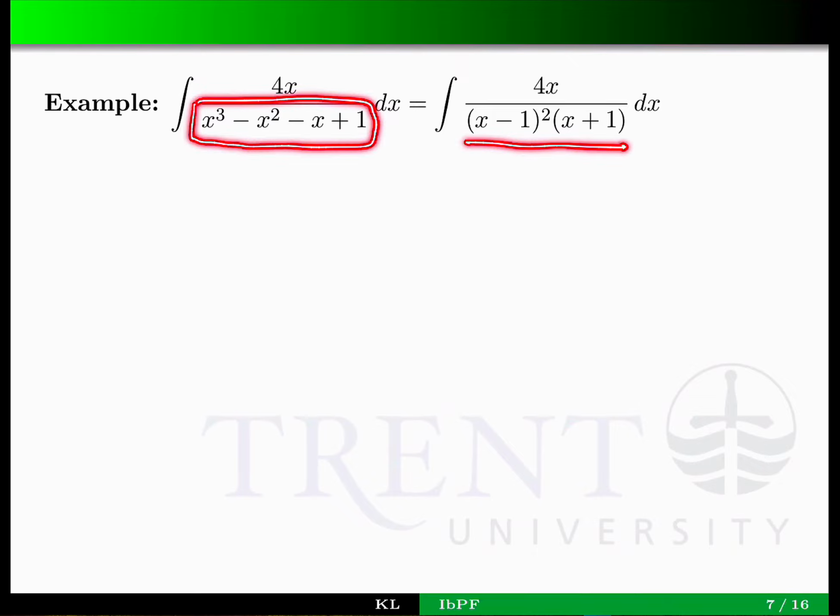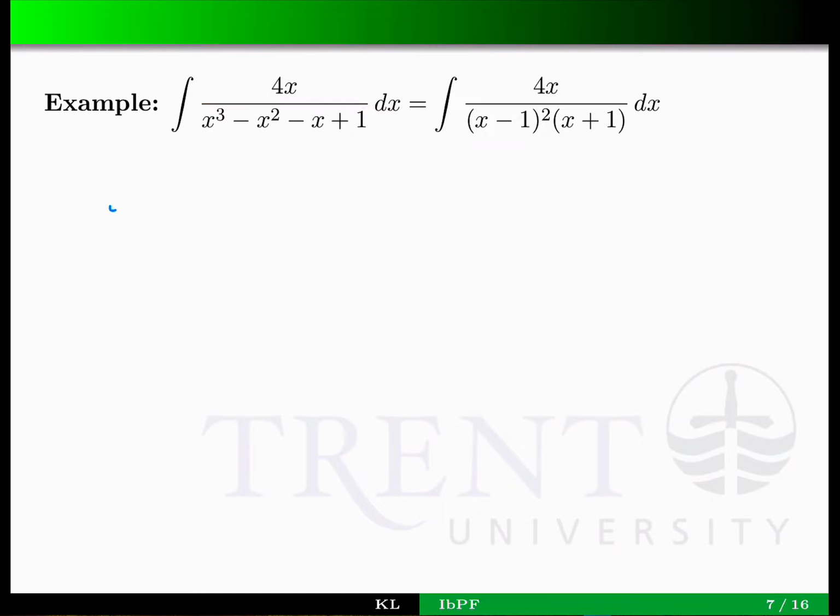The factored form is x minus 1 squared, look at that, there's a power 2, times x plus 1. So x minus 1 is a repeated factor. So how do we use case 2?